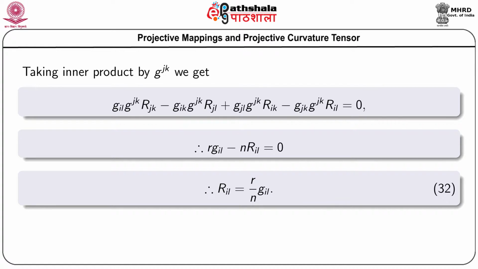That means R_{il} equals R by n g_{il}. Therefore, it is an Einstein space. So we have that for a projectively flat space, the space is an Einstein space.